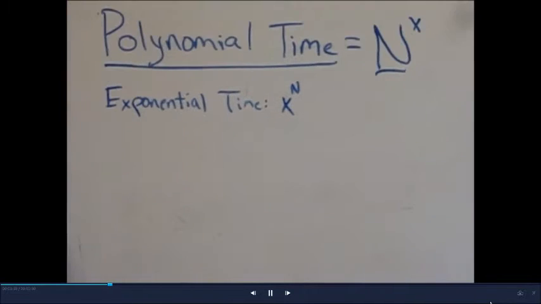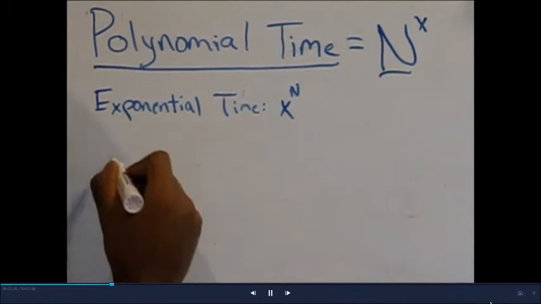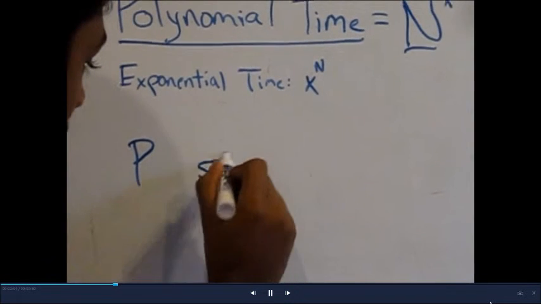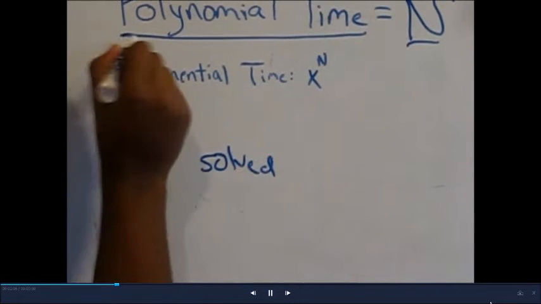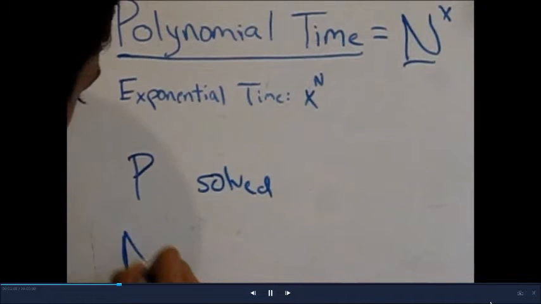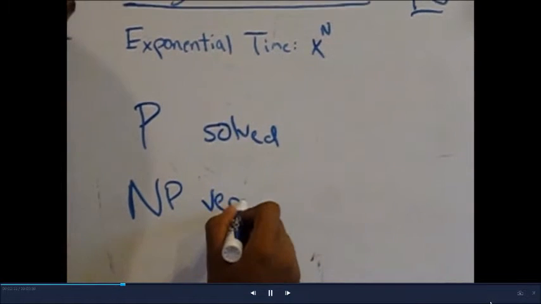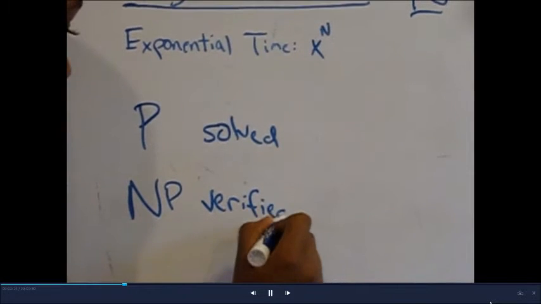So, using this definition of polynomial time, P is the set of problems that can be solved in polynomial time. And NP is the set of problems that can be verified in polynomial time.